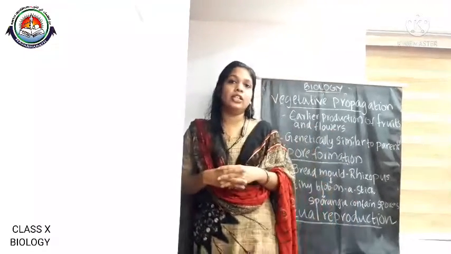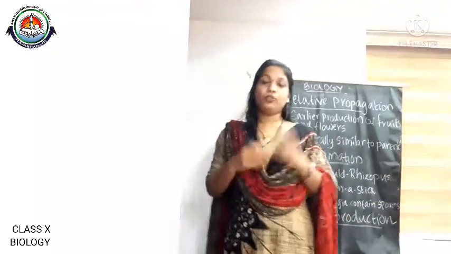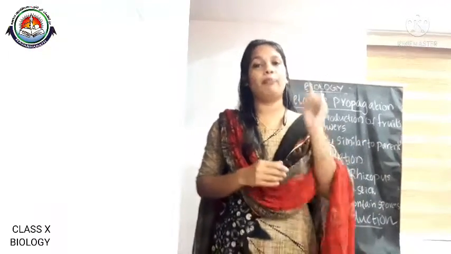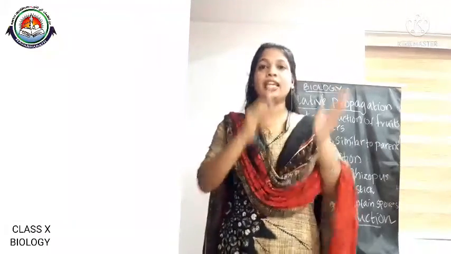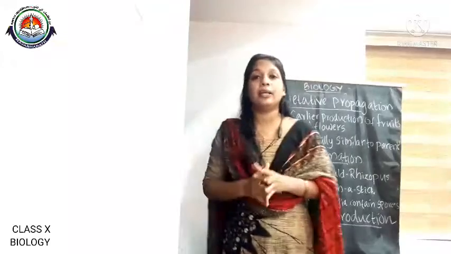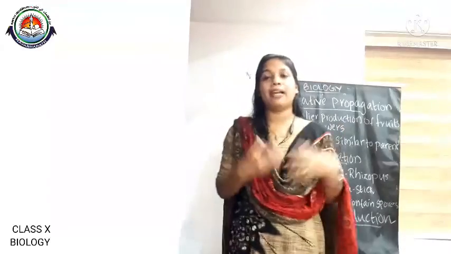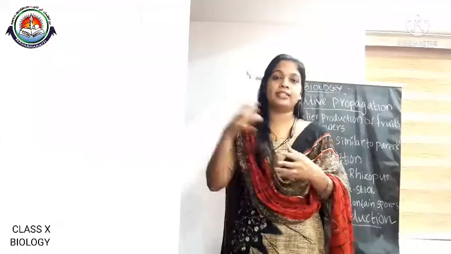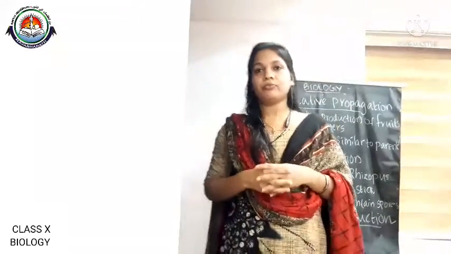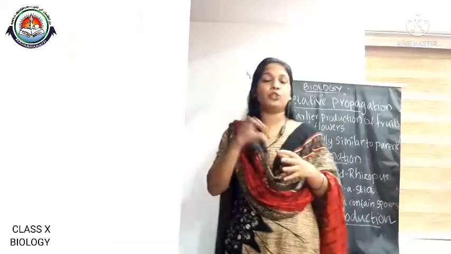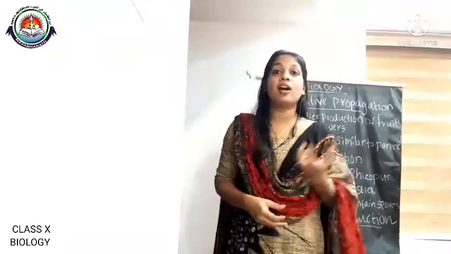Next, we can discuss tissue culture. In tissue culture, numerous plantlets can be produced. For tissue culture, a growing tip of a plant is selected and separated. Then it is transferred to an artificially prepared medium that contains artificial nutrients. When it is transferred to that medium, it will start dividing and produce a mass of cells.